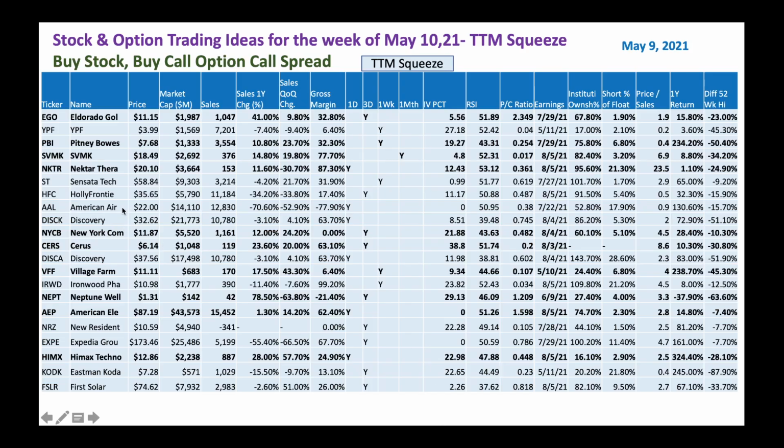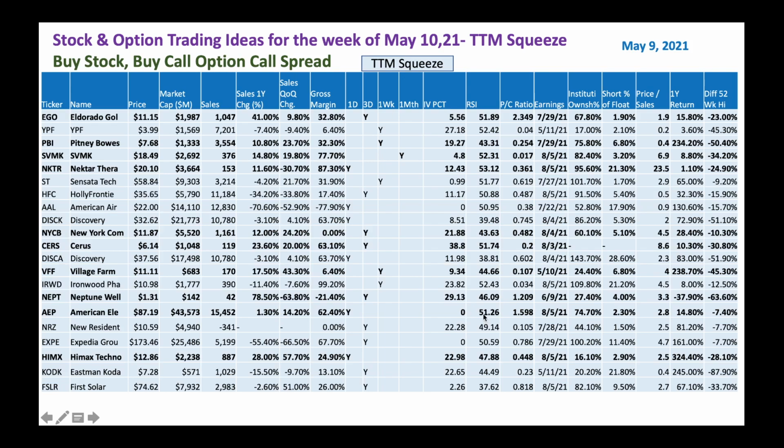And for that, let's scan through this here. I like American Electric, AEP, also an $87 stock here, and they have a daily squeeze in the daily chart. Nice sales growth. I love this. And as you look at this, IV percentile is 0. Wow, that's the lowest I've seen so far.